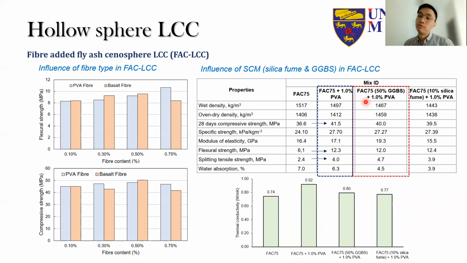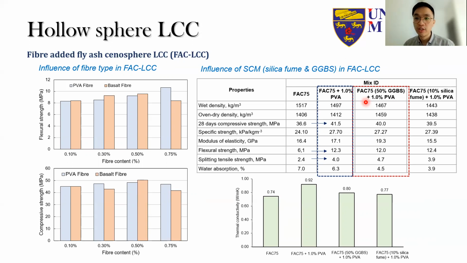And of course, when we deal with lightweight concretes, the binder content is usually much higher than normal concrete. Because of this, we have issues when the cement content is too high. So in this case, we also tried a high amount of cement replacement with GGBS.